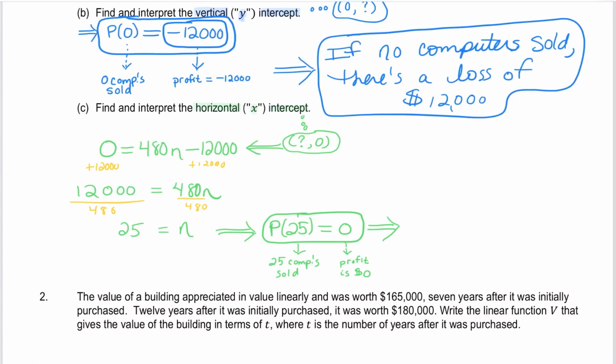We're not really making money yet, but we're not losing money either. So instead of saying when 25 computers are sold, the profit is $0, we might rephrase that and say: the break-even point is 25 computers. So that's when we're breaking even. We're not losing money and we are not making money yet either.